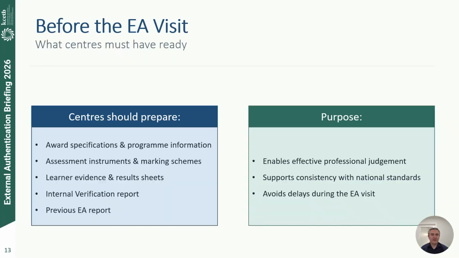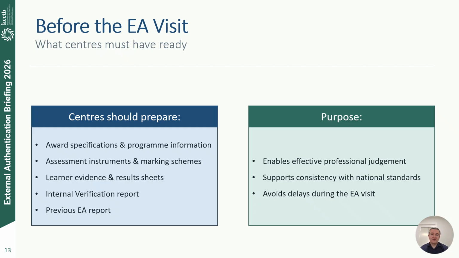So this is a list of what we expect centres to have ready before the EA visit. In advance of the EA visit, the centre should have the relevant award specification, module descriptors, and validated programme information if appropriate, all relevant assessment instruments and appropriate supporting documentation, for example assessment briefs, examination papers, marking schemes, online solutions, assessment plans, timetables if appropriate, all learner assessment evidence, all learner assessment results recorded on appropriate result sheets, a list of assessors per programme and/or class group, the internal verification report, and the past EA report.